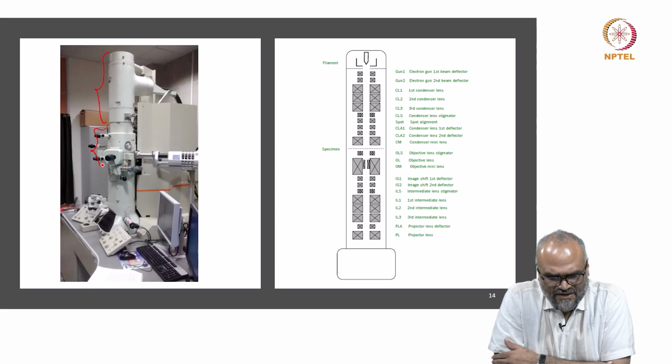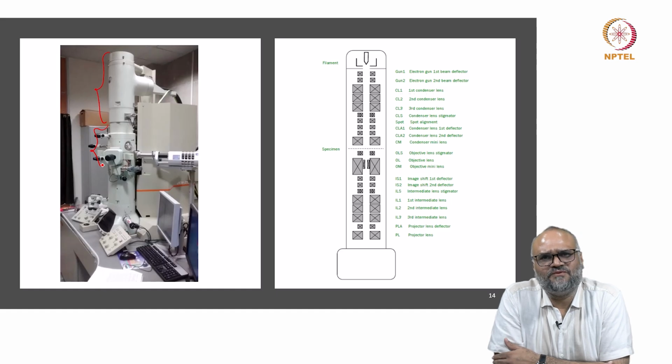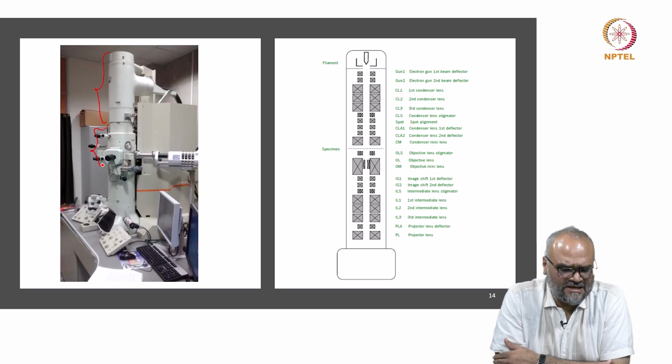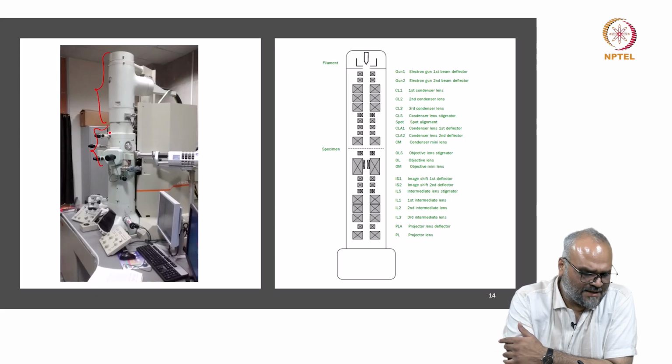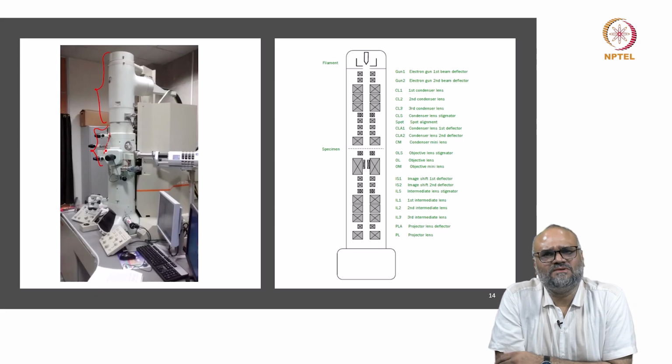And before we go further into understanding the image formation physics and the mechanisms, which is closely related with the modes of imaging and modes of operation in a microscope, I'll just complete a few other important aspects which is related to a few important components which we practically use, like the apertures, the recording systems, and also a little bit on the specimen preparation and the kinds of specimens that are used.